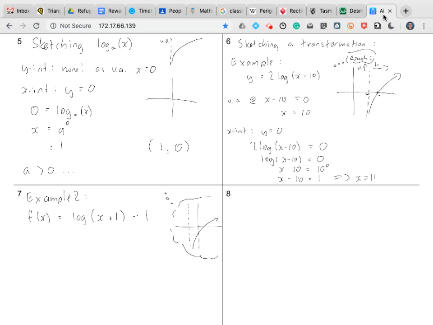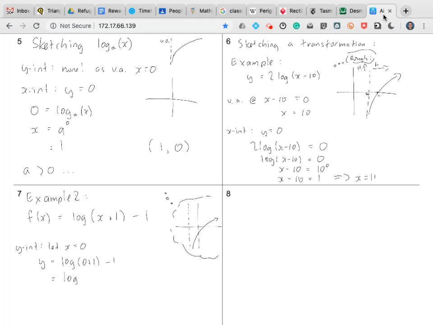But importantly, because I know what the shape of the log graph is, and because I know what the effect of a transformation is, I know it's worth solving it. So here we go. y-intercept: let x equal 0. So y equals, notice I've moved to a y now instead of f of x because I'm working at a y value, log of 0 plus 1 minus 1.